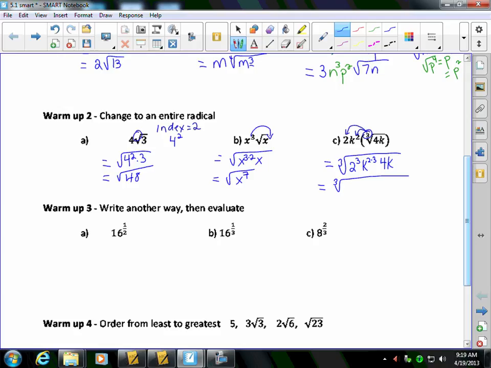So 2 cubed is 8. K to the power of 2 times 3 is k to the 6th, and then times 4k. So we have cube root of 32 k to the 7. Because 2 cubed is 8. No, the 4 was already in there, so we don't have to do anything to it.